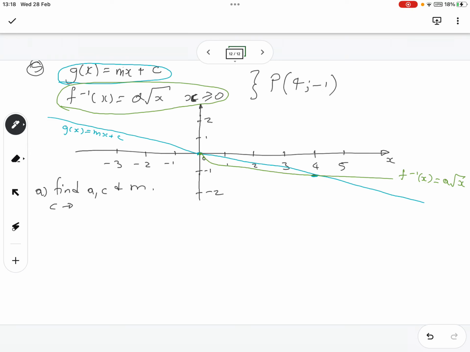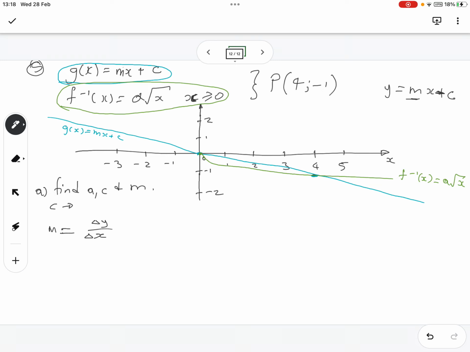Let's start with m, the gradient. If I start with the gradient, then if I know the change in y over change in x, I've gotten this part of y equals mx plus c.